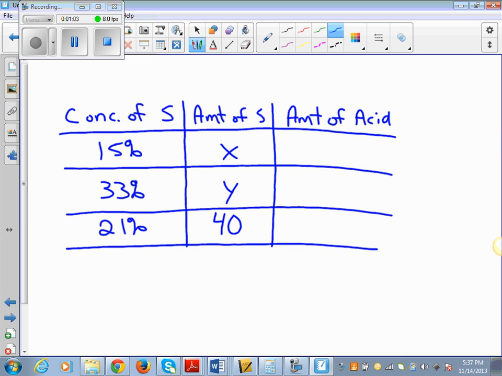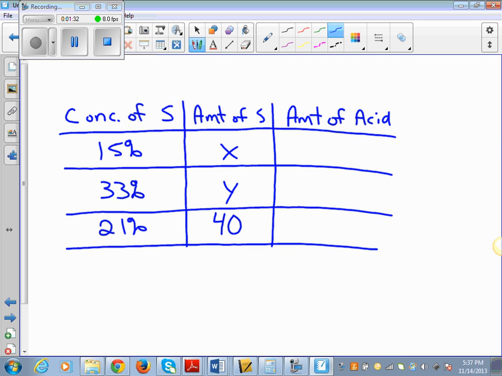Okay, so what we're doing here is we're trying to figure out how many liters of one solution that is 15% acid and another one which is 33% acid, how much of those should we mix together to make 40 liters of a solution that has 21% acid. So we have X and Y already kind of laid out for us.